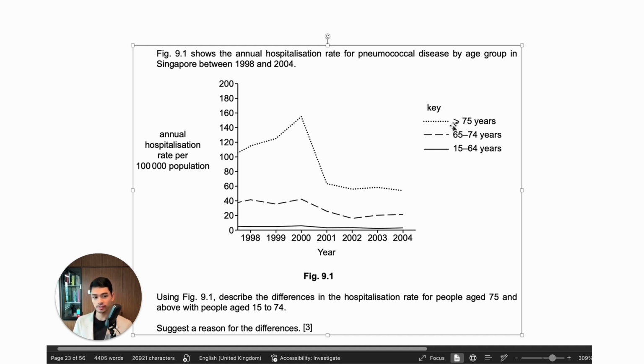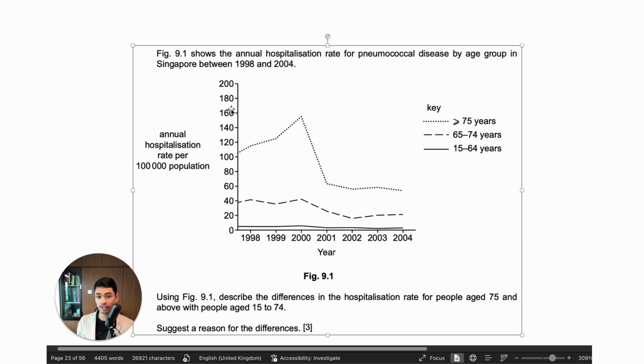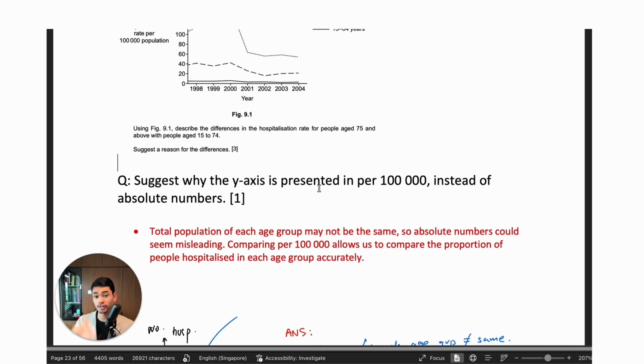That means if the age group of 75 and above is 100,000 people in total, then the number of people hospitalized in that year would be 155. But if this age group is 500,000, then I need to take 155 times 5. Whatever that number is, that is the actual number of these elderly who got hospitalized. So that's how to read this graph. And then this question is asking you, suggest why the graph presents it like this.